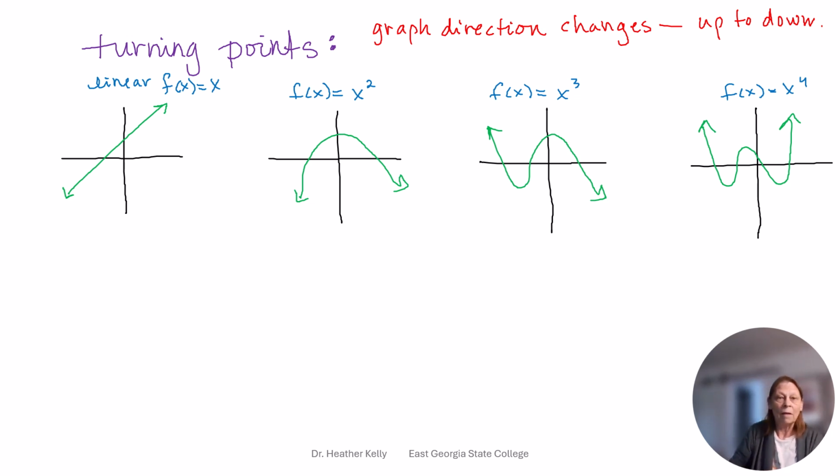And if we look here at the linear, which, by the way, the exponent on this x is just a 1, I'm just going to point that out because I'm going to talk about a rule. If we look at the linear, there are no turning points.